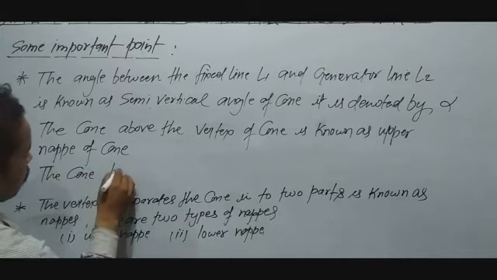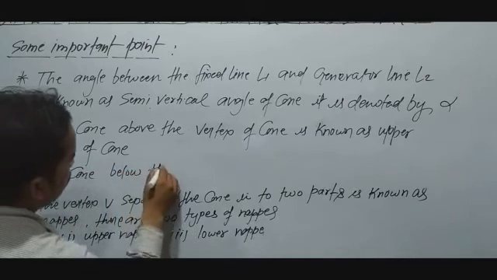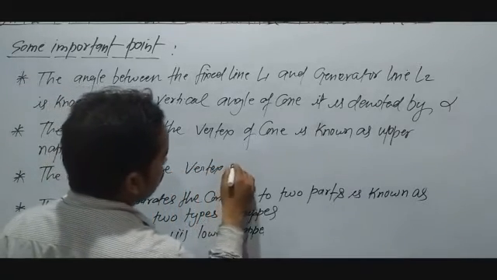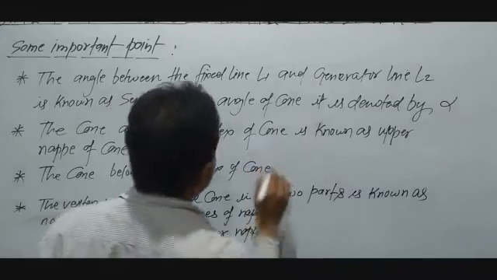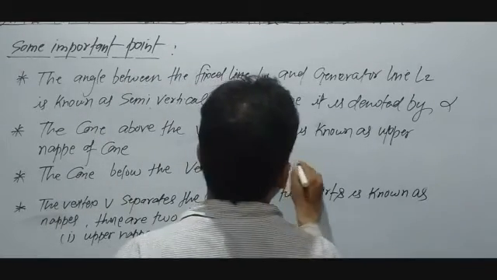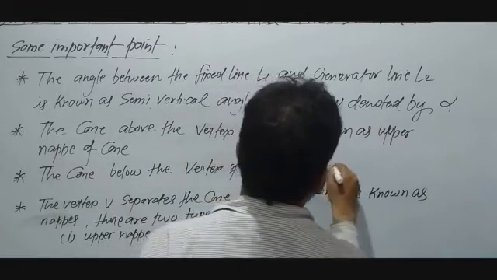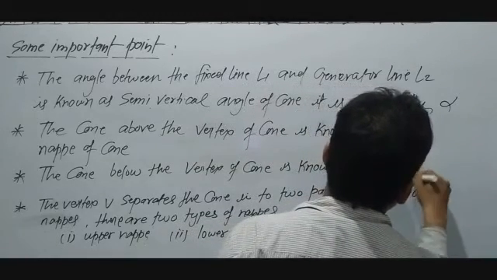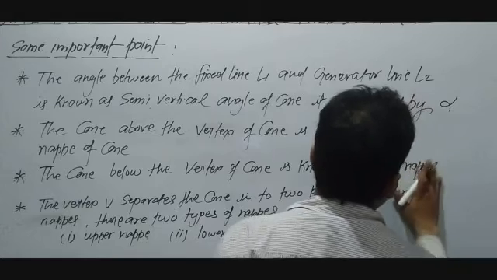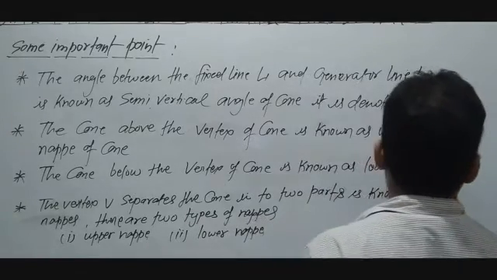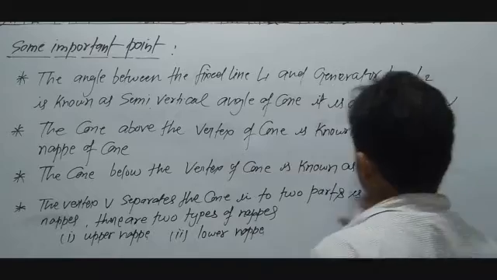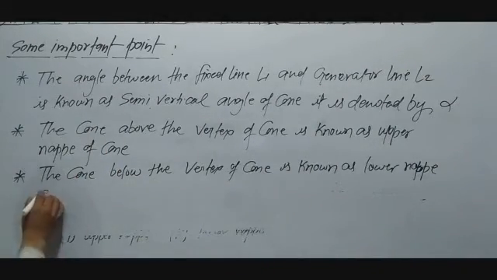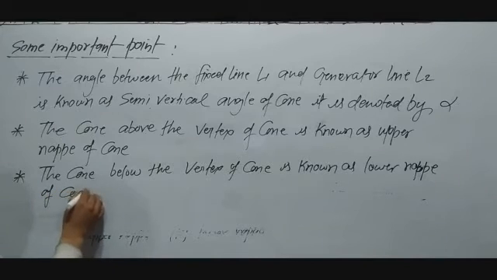The cone below the vertex of cone is known as the lower nap of cone.